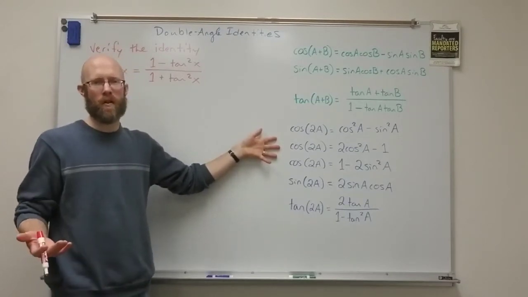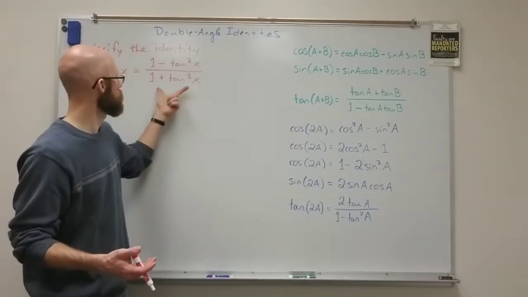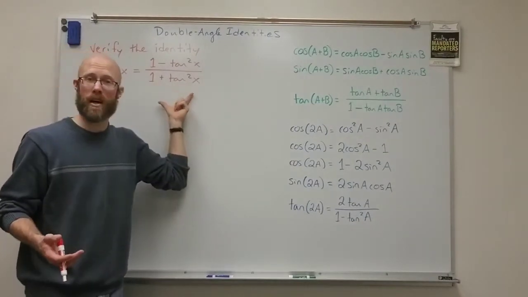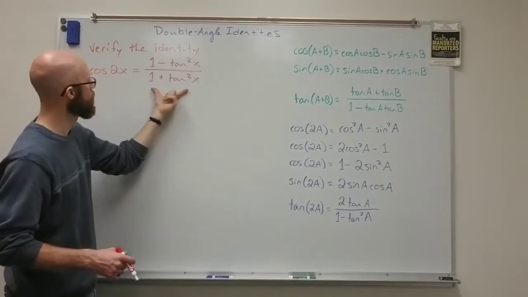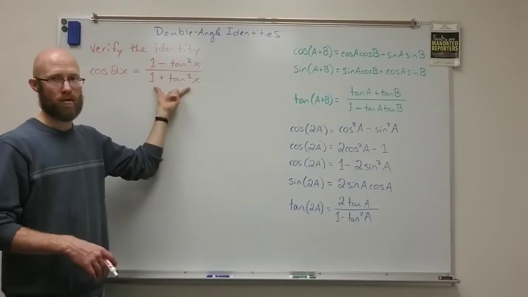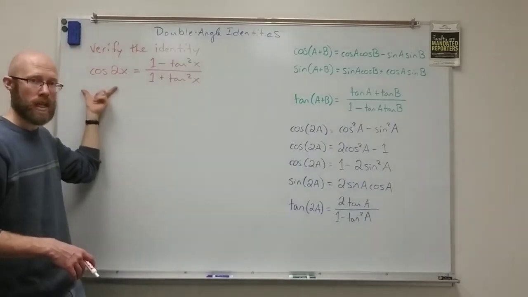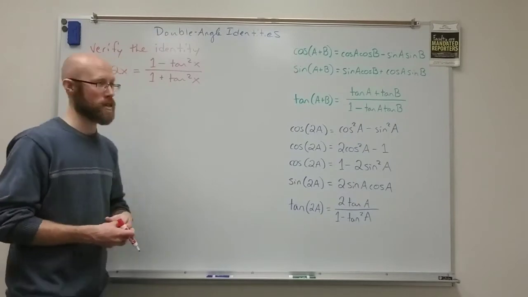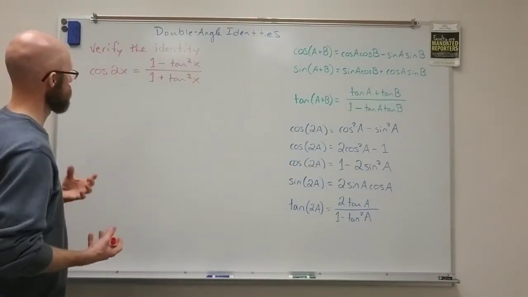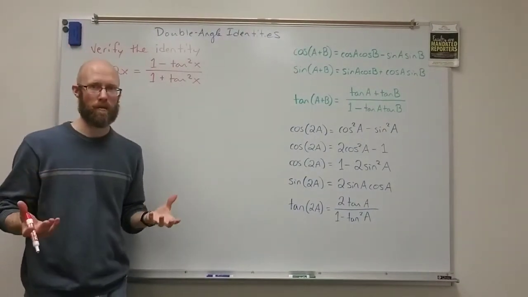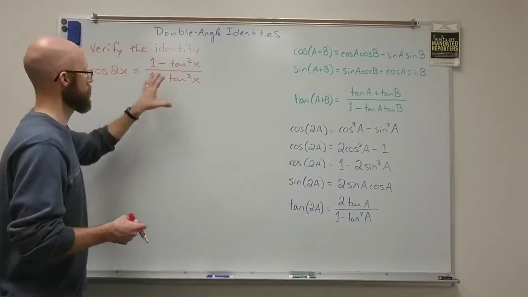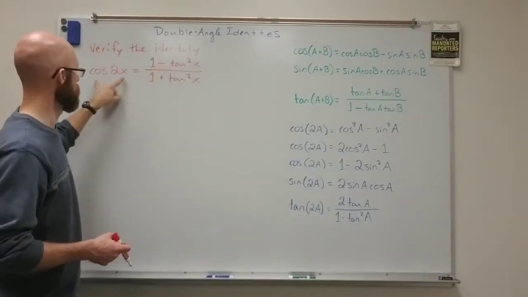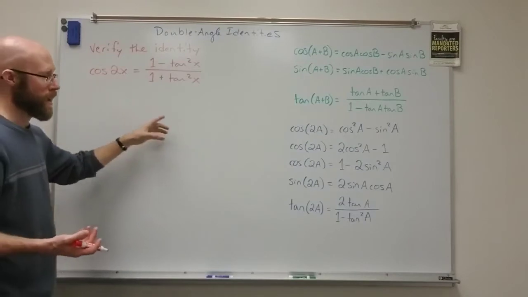But because there's a bunch of options there, I may actually just try starting on the more complicated side. This one looks more complicated to me. And maybe try to work from there and eventually get to the other side, the left side. Just an option, just something as I'm looking at it. I try to look at what I think is more complicated and try to simplify it, rather than this one, which looks simpler and has more options.